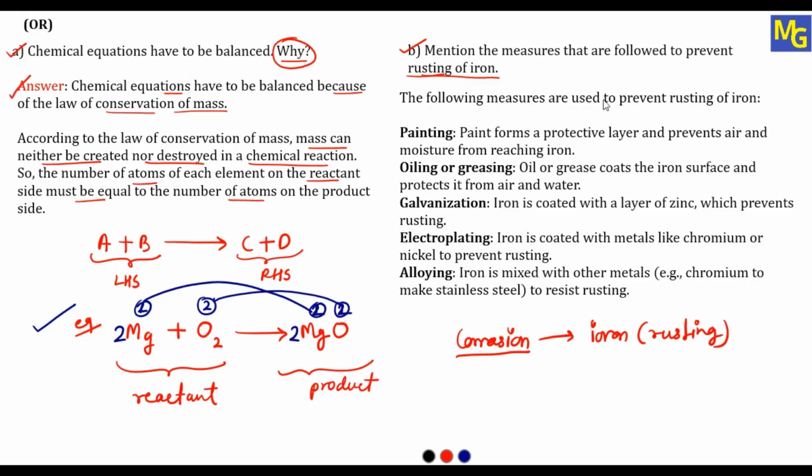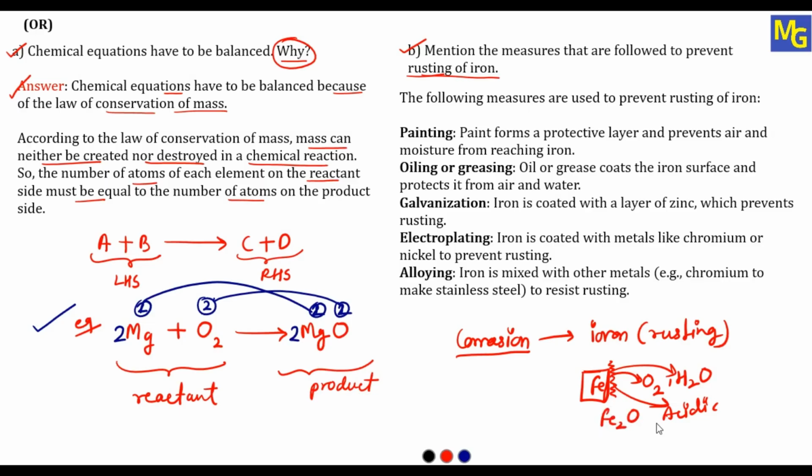Now see, the following measures are used to prevent rusting of iron. First, I will tell you why the rusting takes place. Imagine this is an application made up of iron, or a machine or an object made up of iron atoms. When these iron atoms combine with oxygen present in the air, or water vapors, or acidic particles present in the air, the surface iron atoms combine with them and form an oxide.